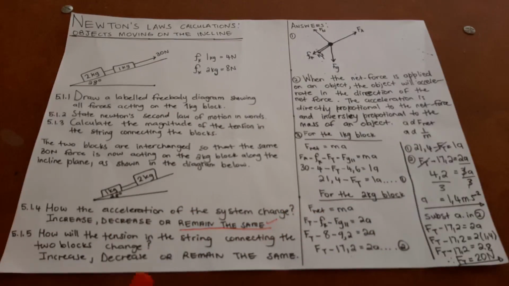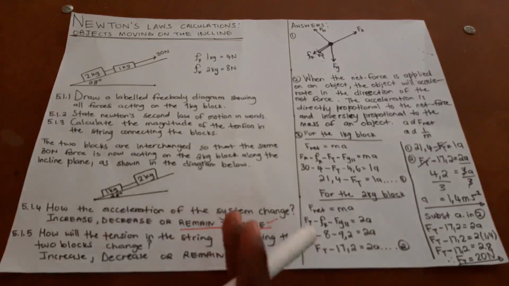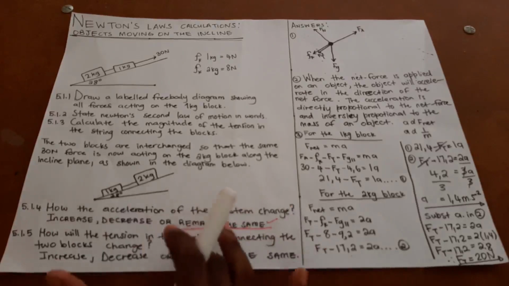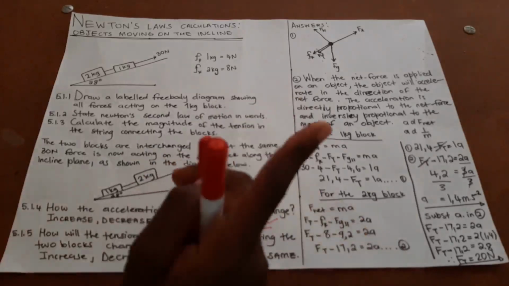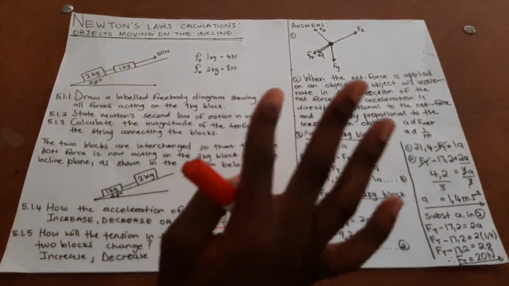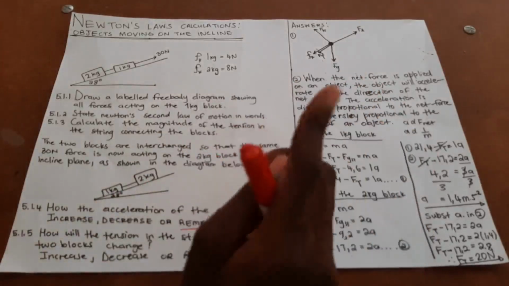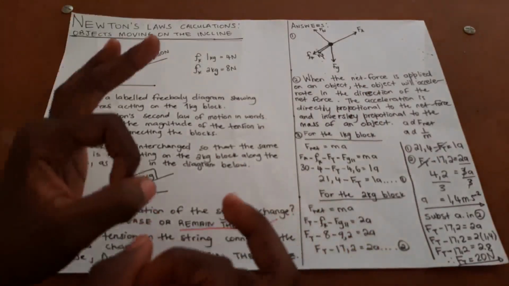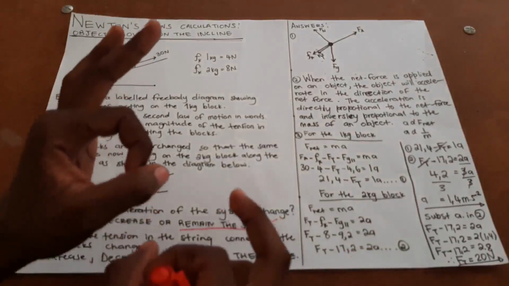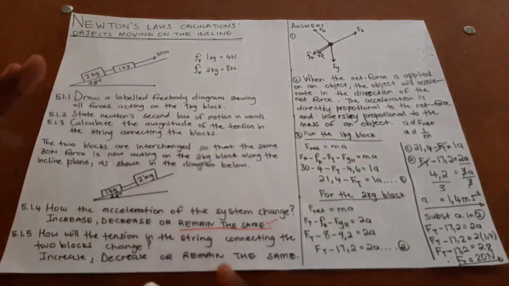Why will it remain the same? Mind you, what I told you in the very early stages of our Newton's law videos: in a connected system, the acceleration is always the same.